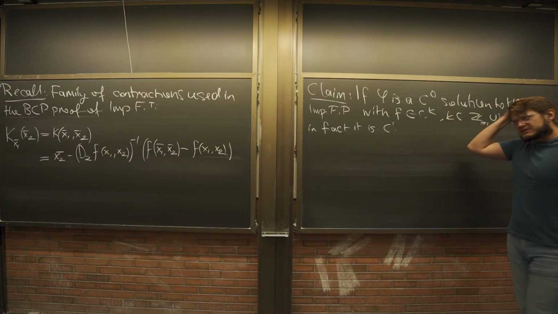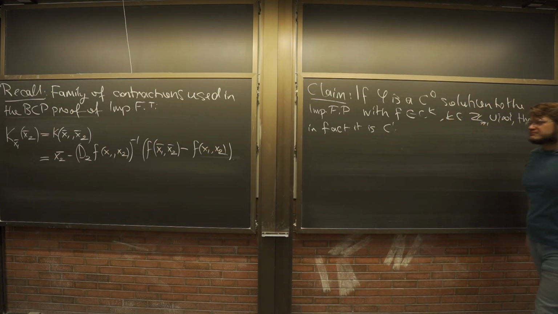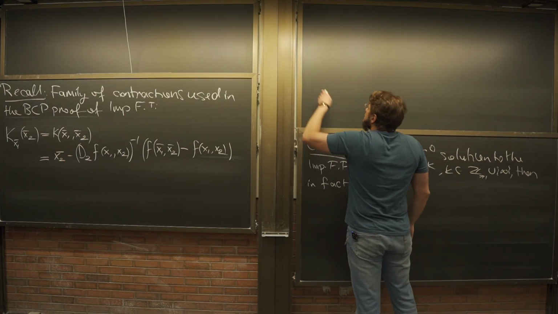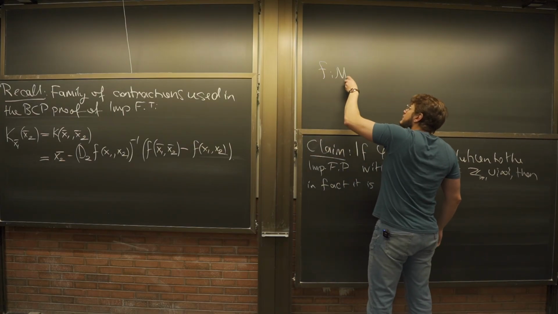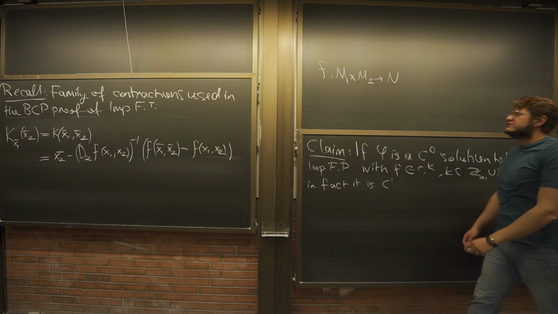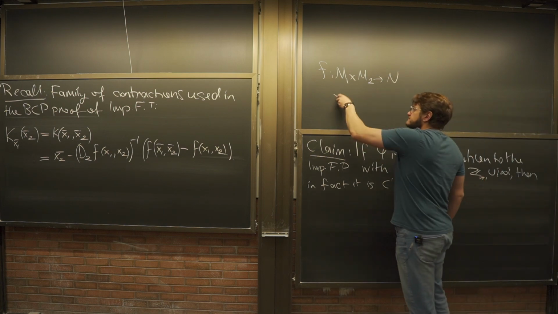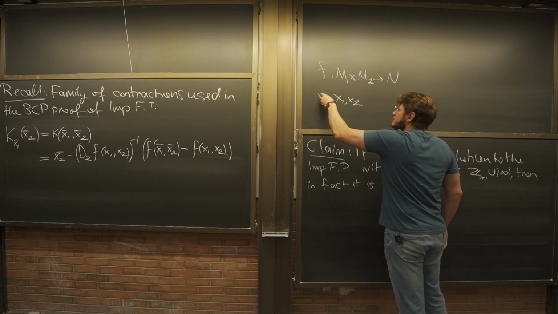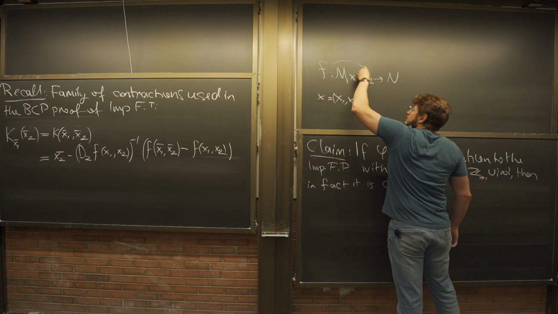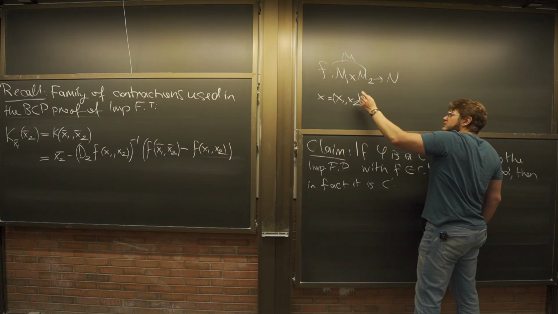So remember the implicit function problem. Essentially, the idea was you have a function like this, and you have a fixed point with components x1 and x2, and this product open set.